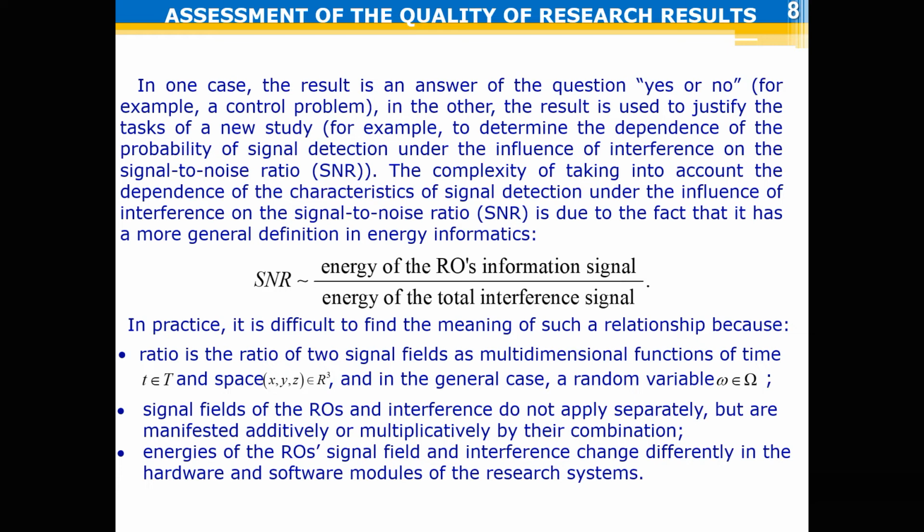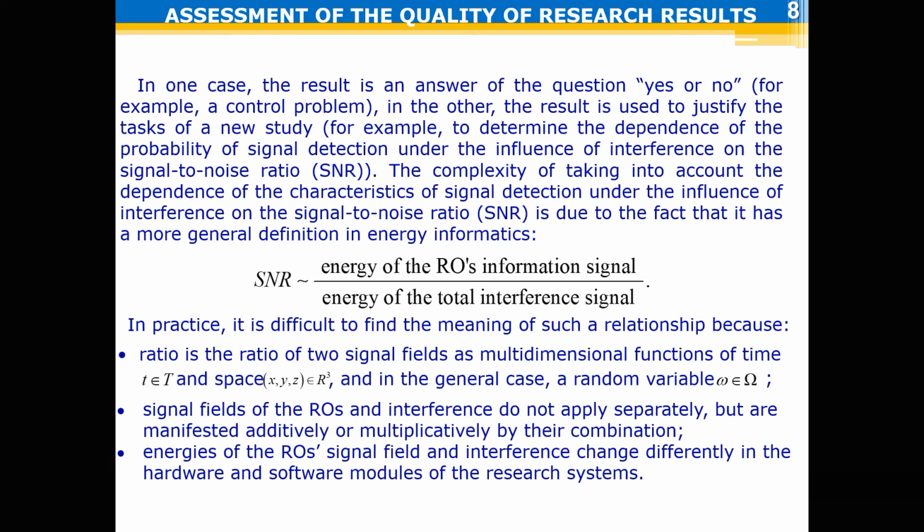For example, to determine the dependence of the probability of signal detection under the influence of interference on the signal-to-noise ratio. The given example of signal detection under the influence of interference is one of the complex problems of radiolocation, hydroacoustics, other branches of science and technology, and accordingly energy informatics, for the solution of which appropriate information support, hardware and software models of technical systems are used.